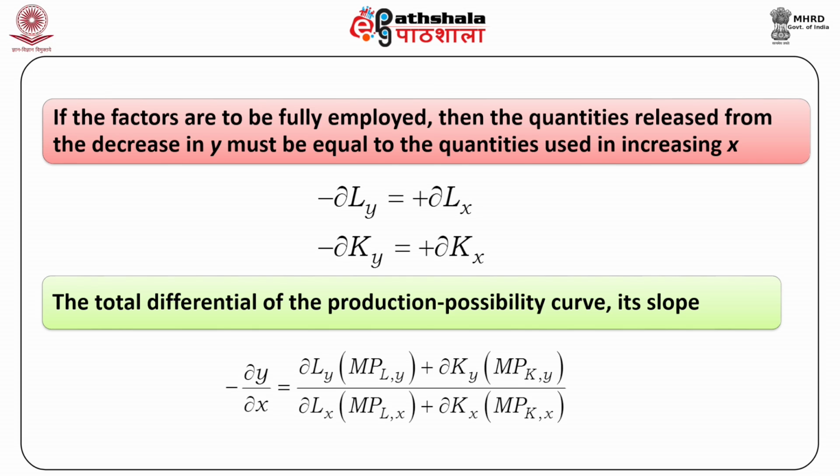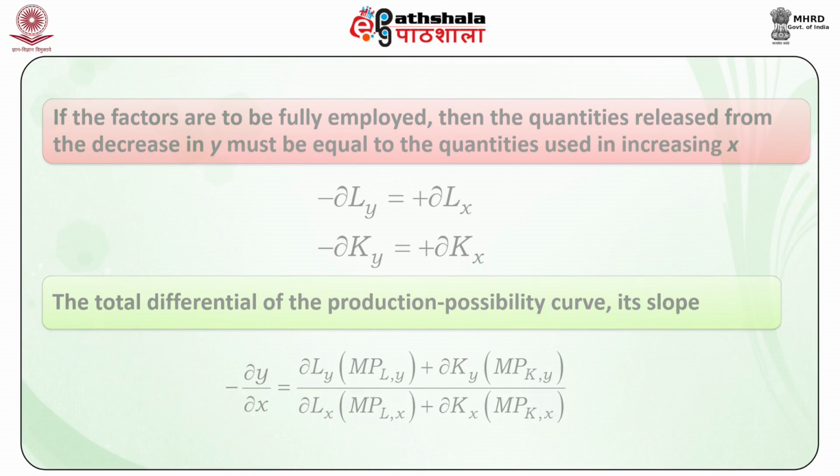This is the entire product due to which is falling in the case of y, and correspondingly look at the denominator: del Lx into MPLx plus del Kx into MPKx.